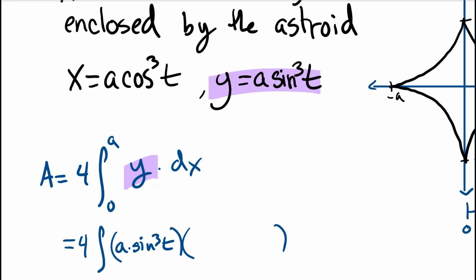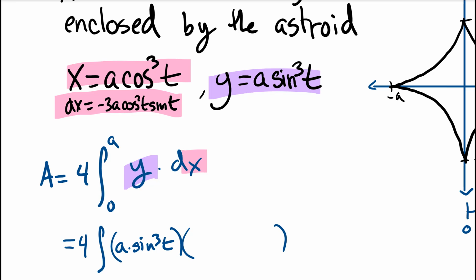Oh, wait. Dx. Wait a second, we got this x. I know what to do. Let's just go dx is equal to, that'll be negative 3a cosine squared of t sine of t. Sorry, I've done this one a couple times. Just run right through that one and there it is.